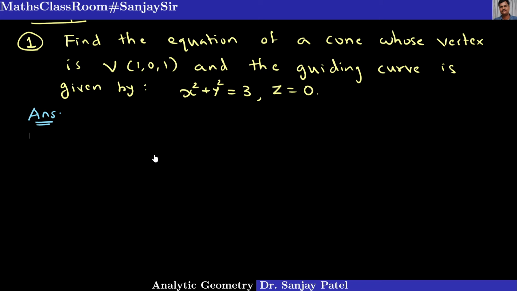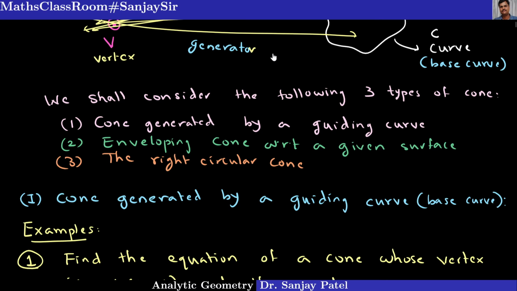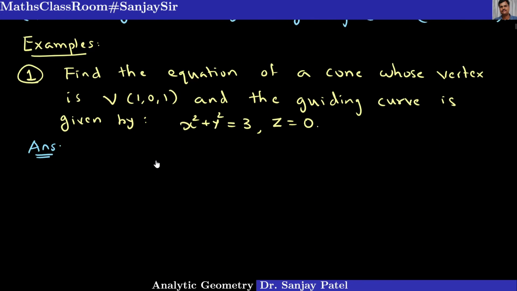It is made up of infinitely many lines, and these lines lying on the cone are called generators. If you take any point on these lines, as I have shown in this figure, it is on the cone, and conversely, if you take any point on the cone, it will lie on some line. These lines are the generating lines of the cone.